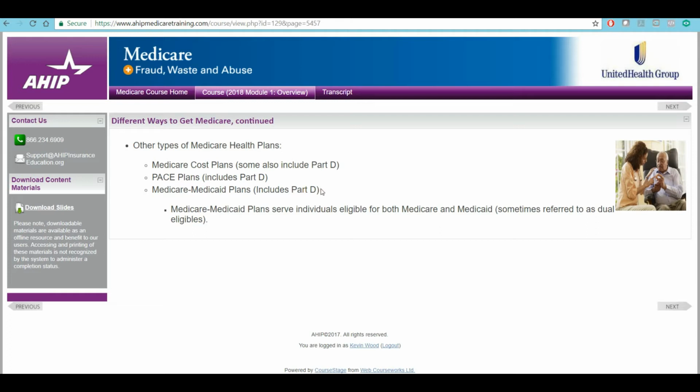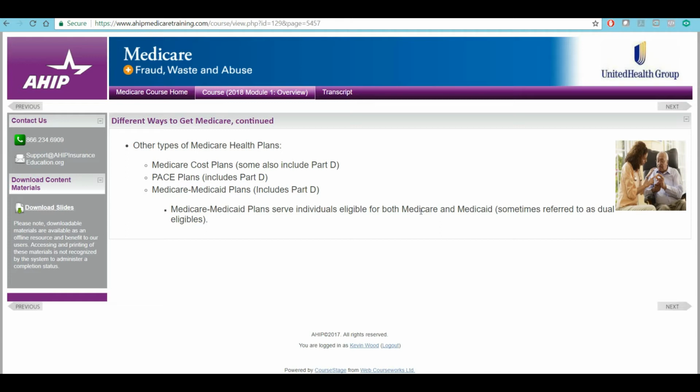Those are for dual eligible people on Medicare and Medicaid, who can have a Medicare Advantage plan designed specifically for people on Medicaid or Medi-Cal, and that would work in the place of Medicare, a Medicare Advantage plan with the drug plan embedded.